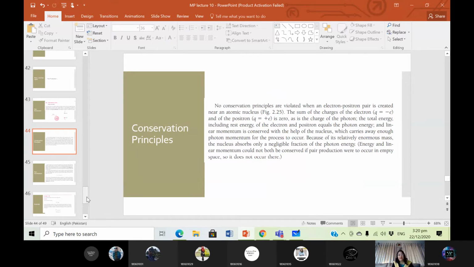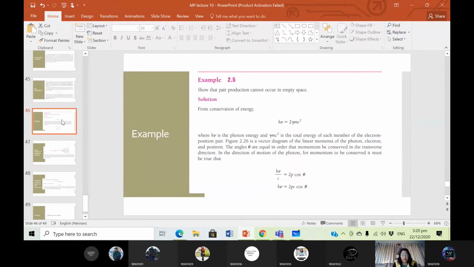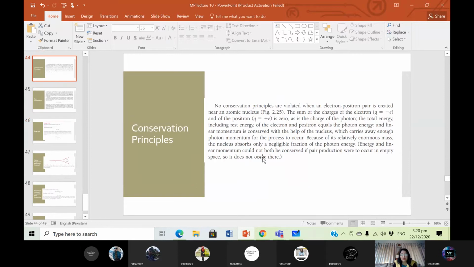And we will do the proof of that in this example over here. ठीक है? We will prove that a nucleus is required for pair production to take place, because the nucleus will help to conserve the linear momentum of the system. ठीक है? Because of its relatively enormous mass, the nucleus absorbs only a negligible fraction of the photon energy. ठीक है? Energy and linear momentum could not both be conserved if pair production were to occur in empty space.